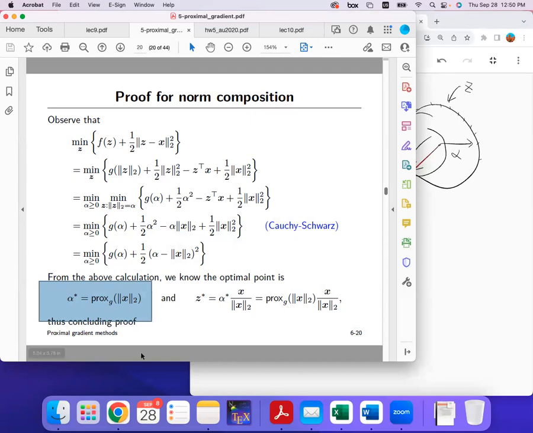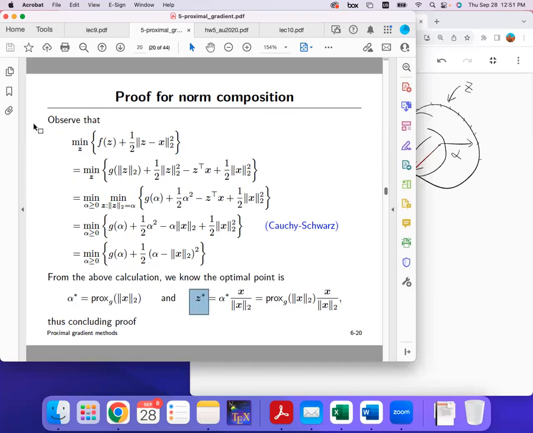Well, you simply scale this unit vector that aligns with X by alpha star. Right? So this vector will have L2 norm alpha star and aligns with X. And then you put everything together, alpha star is the proximal mapping. So this is our Z star.